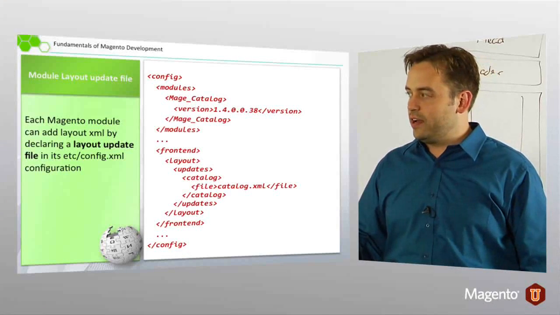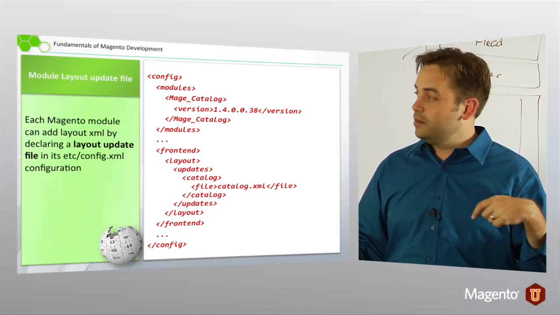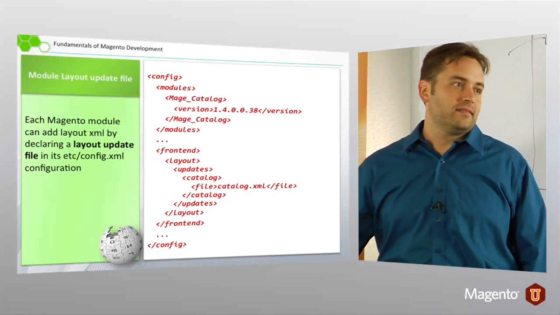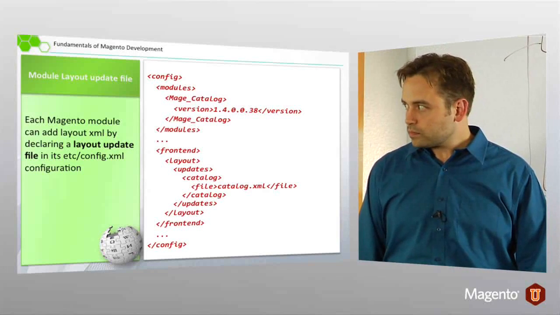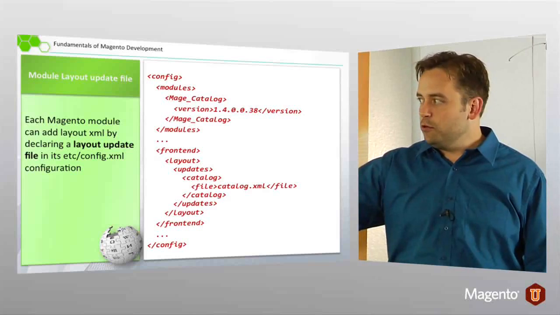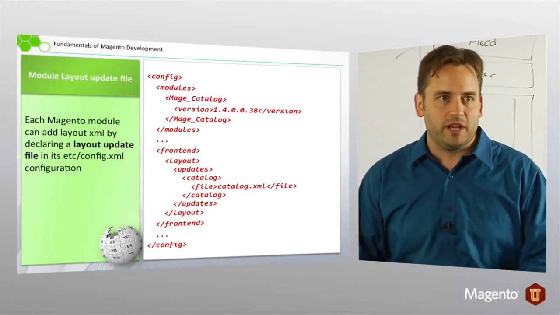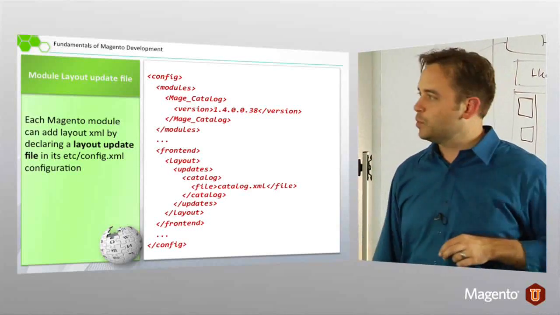Inside of front-end layout updates, we simply have a unique node, and then inside that a file node, and then this is just a path and a file. Okay? If I had foo/catalog.xml, then in layout folders, I would expect to see a foo folder, which would contain catalog.xml. Okay?